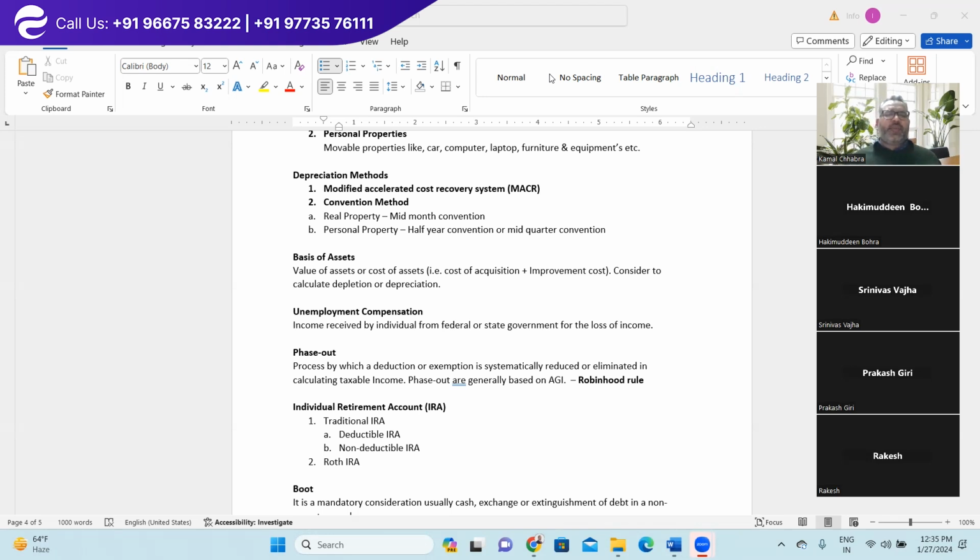January to June is H1, July to December is H2. Whatever assets you have purchased in January to June, you will be charging half of the depreciation for that respective half year, and H2 will be full. Same way, whatever assets you purchase in H2, for that you'll be charging depreciation for 3 months only.